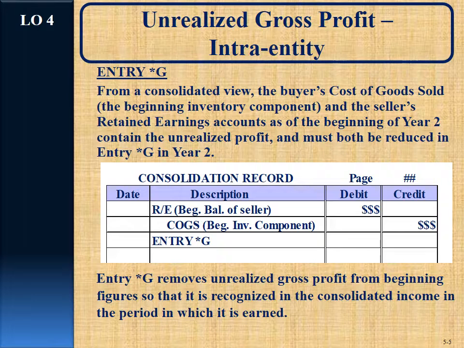Now, what happens if only a portion of the inventory remains? Then only a portion of the gross profit that still remains must be removed in consolidation. So you would do that same journal entry, debiting cost of goods sold and crediting inventory, but only for the amount of gross profit that should not be recognized because the inventory is still there.